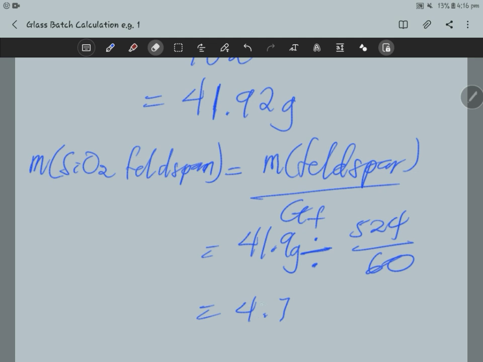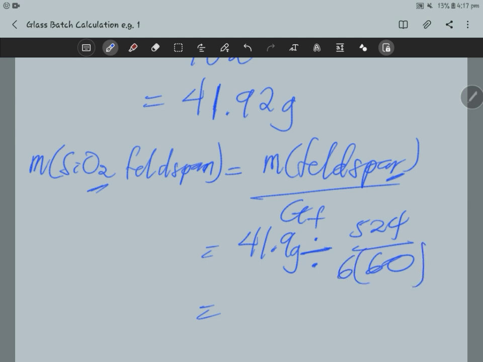There's been a slight mistake. When we're looking at the feldspar, the amount of SiO2 there is actually 6 times. So if you are trying to find a component of it, the molecular masses are important, right? The molecular mass of the feldspar here is 524, but for the SiO2 in it, it is 6 times the general molecular mass of SiO2.